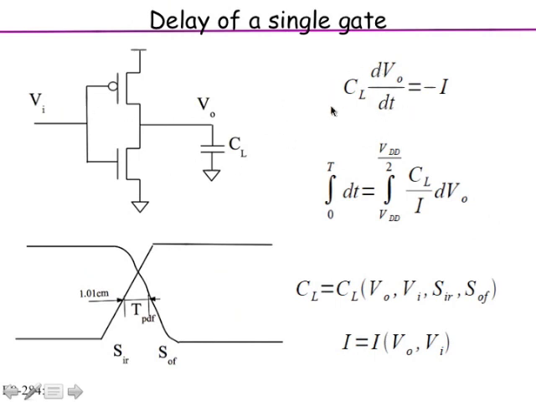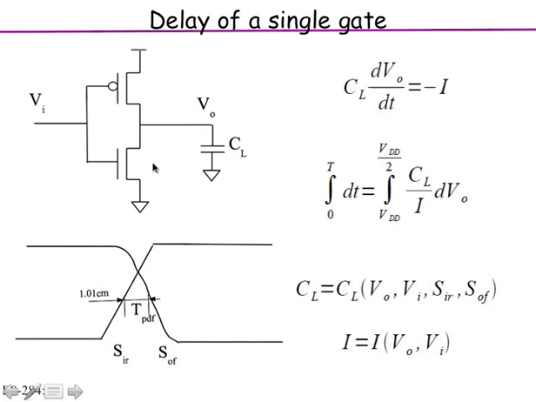If you look at the output of any gate, it's essentially some capacitance there: some load capacitance due to wire, the gate capacitance of the next gate, its own self capacitance and so on. And when you have a certain current being drawn out of that capacitor to discharge it, let us take the case when input is going from 0 to 1, output is falling.